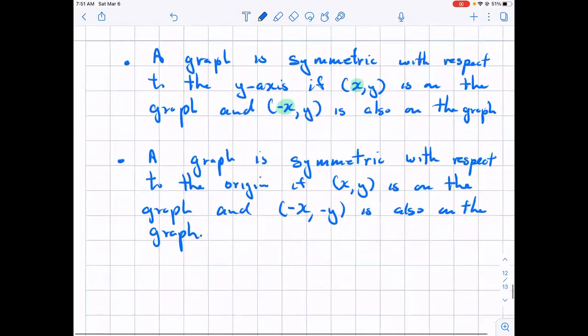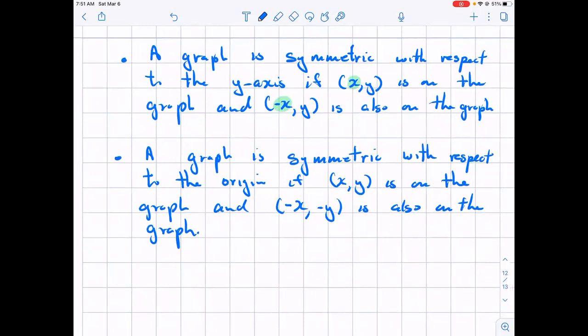So these are the three tests that you will have to perform if you're checking for symmetry. Now a graph can have x symmetry, y-axis symmetry, origin symmetry.